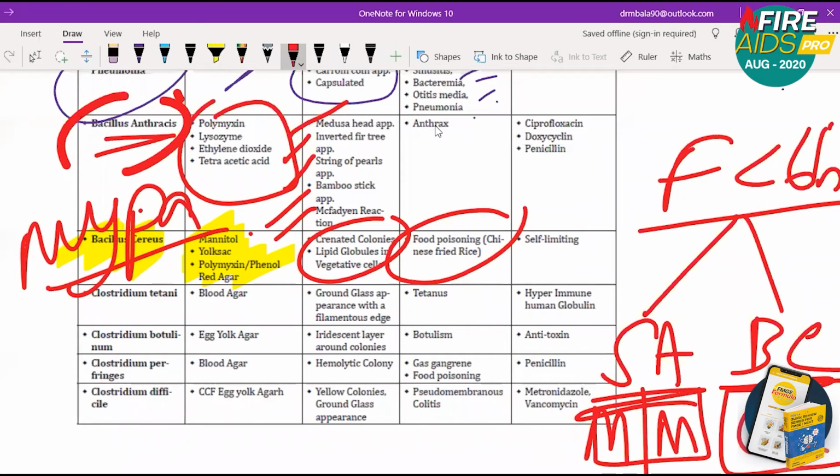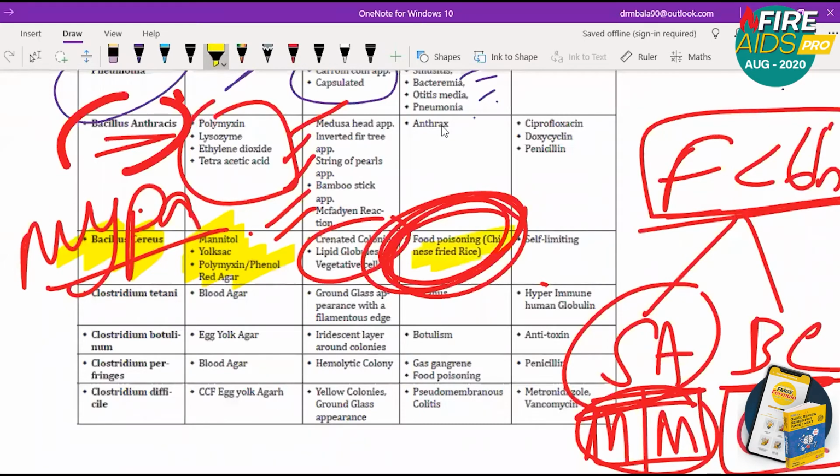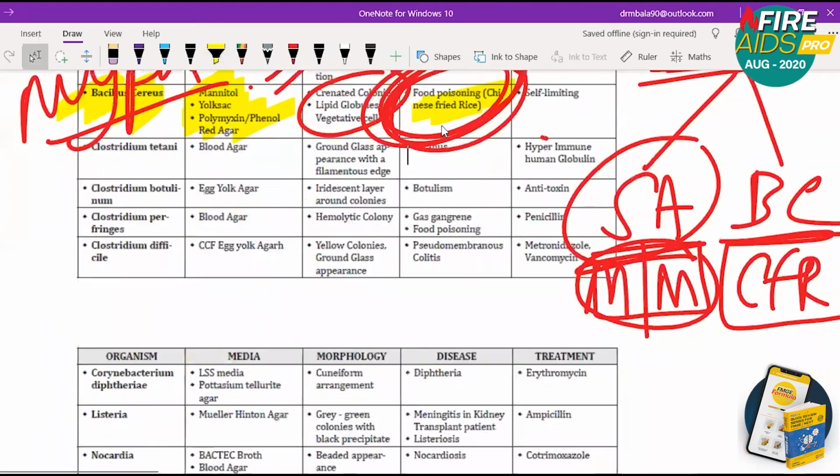Meat or milk means Staphylococcus aureus; Chinese fried rice means Bacillus cereus.